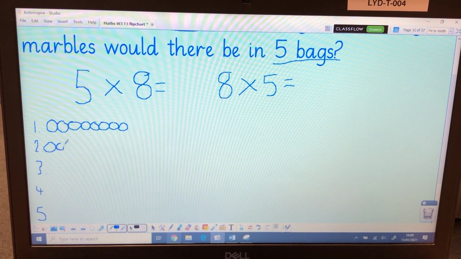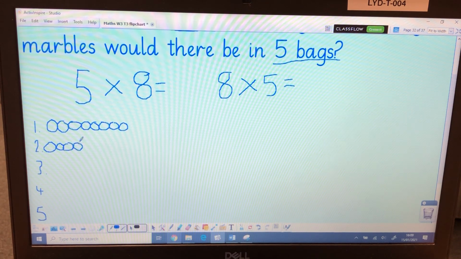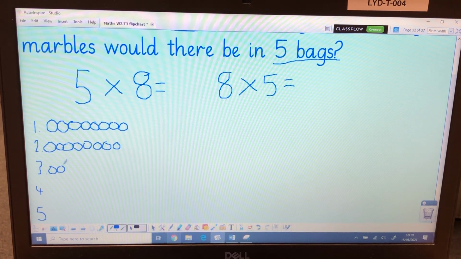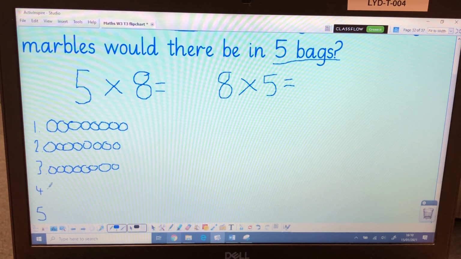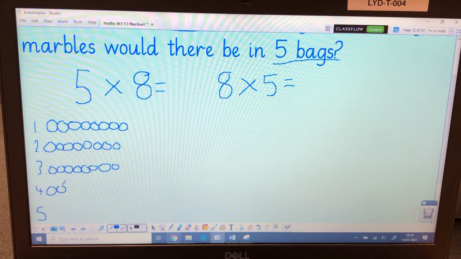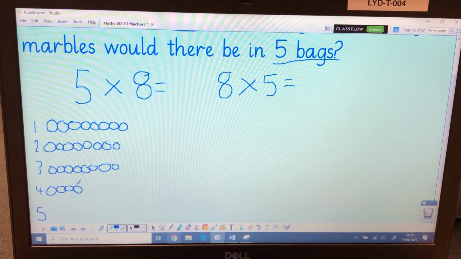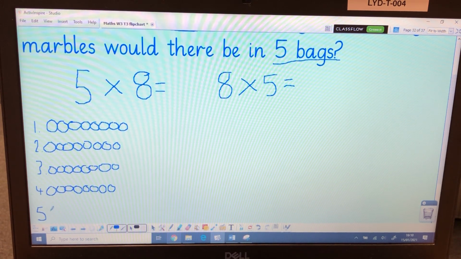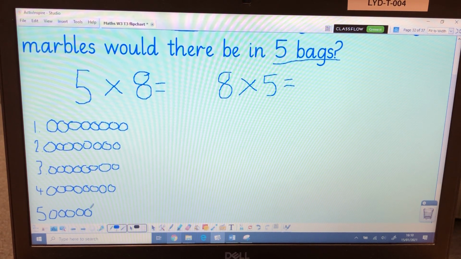We draw 8 in each group, and the last one, 1, 2, 3, 4, 5, 6, 7, and 8.